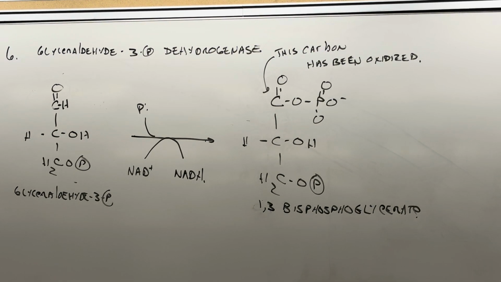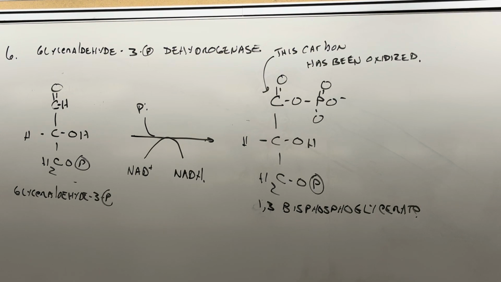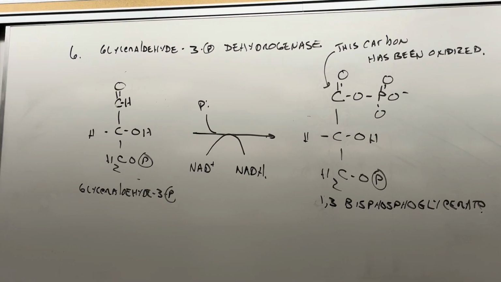I'm going to show a little bit more of the detail of the aldehyde, and I'm just going to put R here. Now I want to show the structure of the NAD+, the oxidized form of this high energy electron carrier.